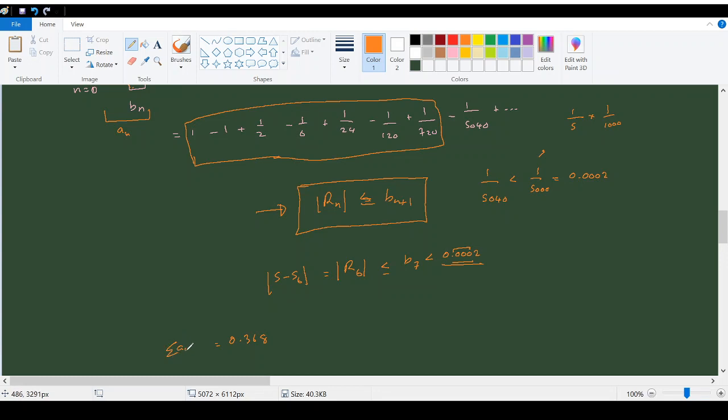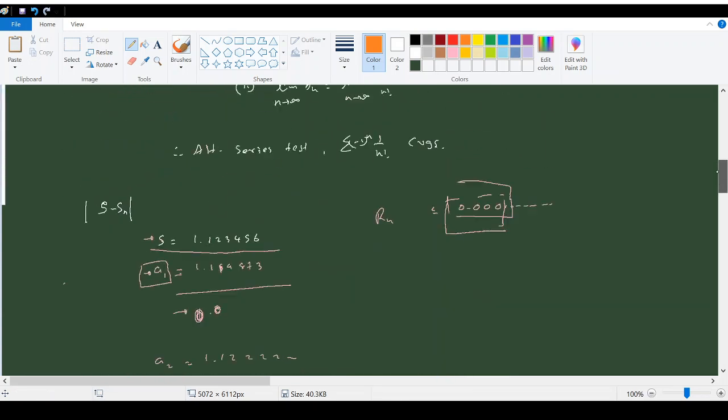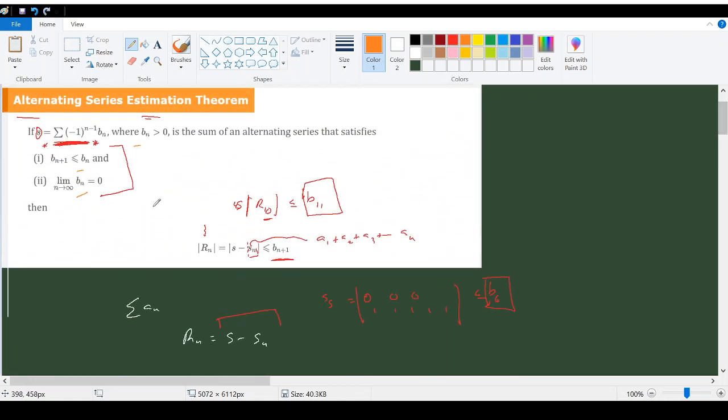So if that accuracy is enough for our calculation, we can safely write down the answer for the series as this one, right? If this given accuracy is enough. Okay, so that's how we manipulate alternating series when we need to approximate a certain figure, right?